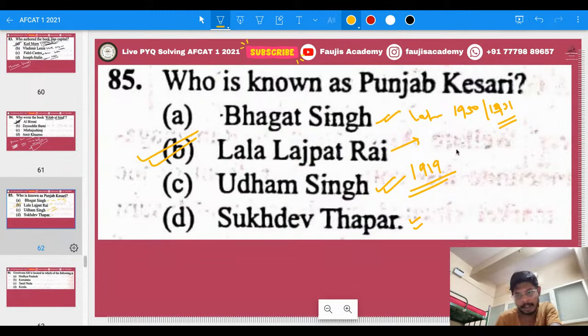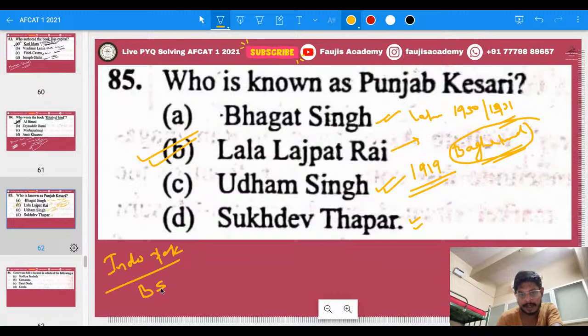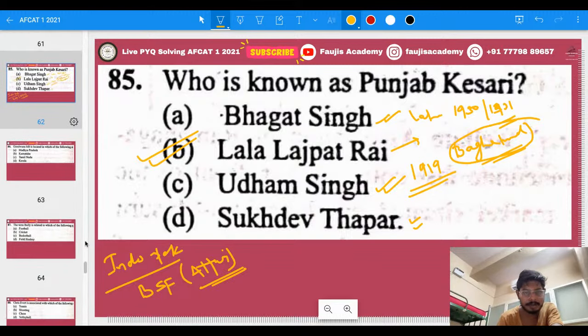When you go to Amritsar, you will see the Wagah border, in general the Indo-Pak border, which is guarded by the BSF. There we have the Attari border, and every single day you will see a parade there, Indian and Pakistani troops doing Kadam Tal and all that.